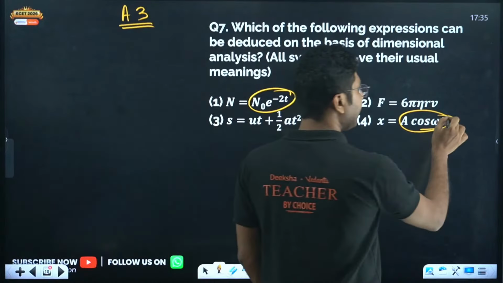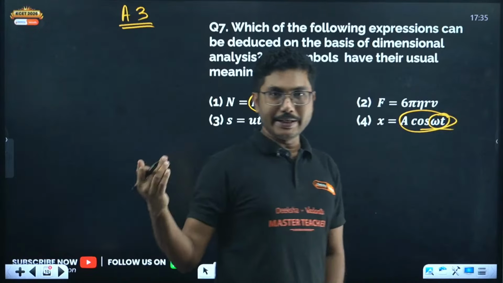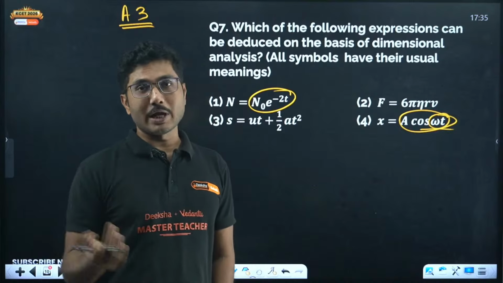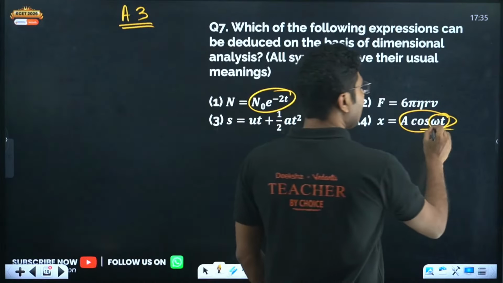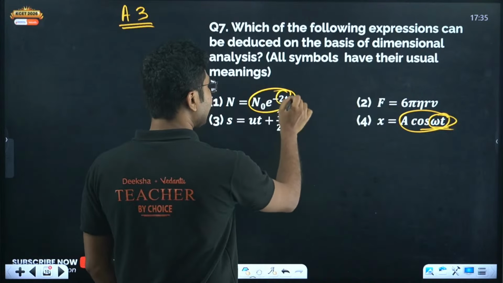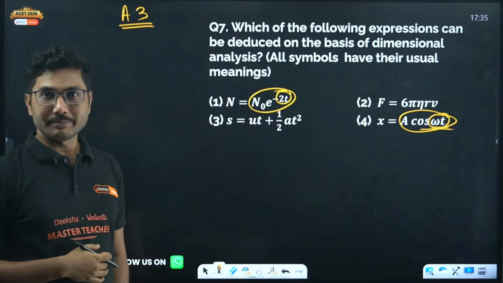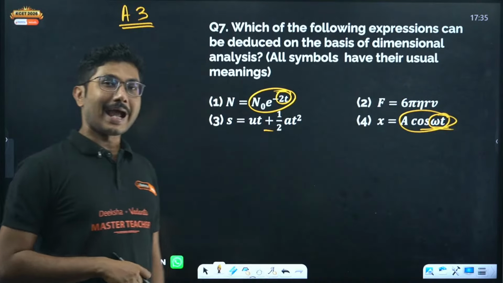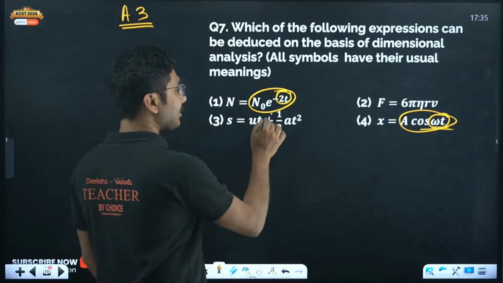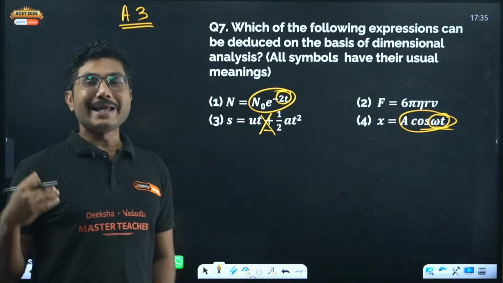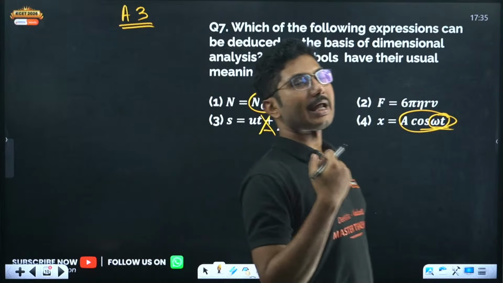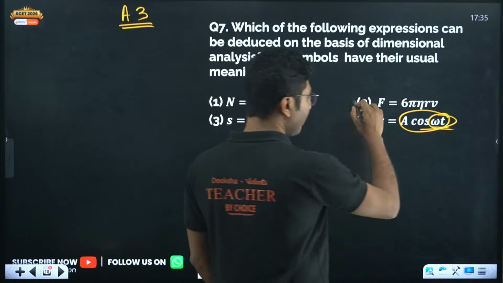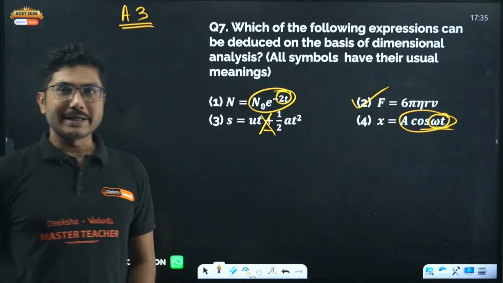So this quantity has to be dimensionless, even though radian is considered a supplementary unit, radian itself has no dimension. So these quantities cannot be determined using the dimensional analysis method. Now if there is an addition or subtraction involved, that also cannot be determined using dimensional analysis. Only multiplication and division can be handled using dimensional analysis. So the correct answer for this is very obvious, option 2, which is 6 pi eta RV.